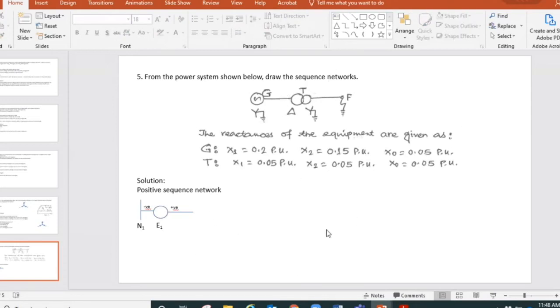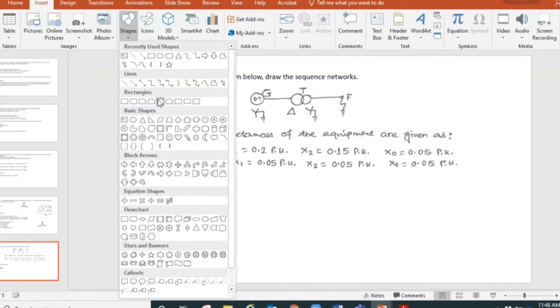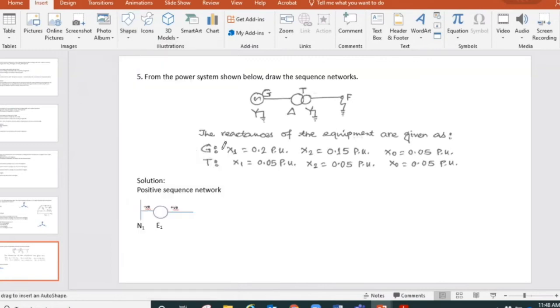Then we have a transformer. For positive sequence, it's simple and easy. Like I mentioned earlier, we have to show the reactance of the transformer. Sorry, before we go to the transformer, we have to show the reactance of the generator. Let me take a freehand tool. I'm showing the generator reactance. It's difficult to draw using a mouse.